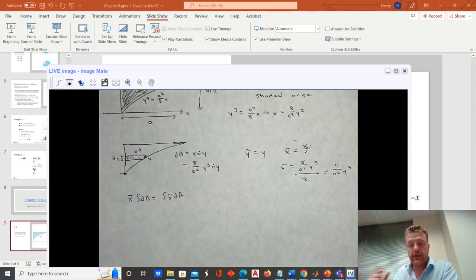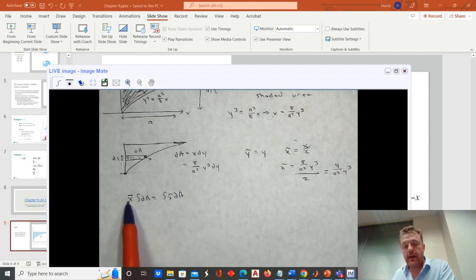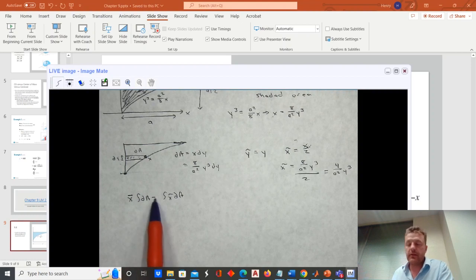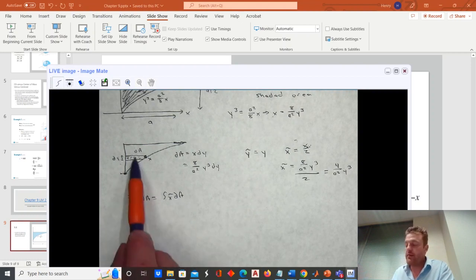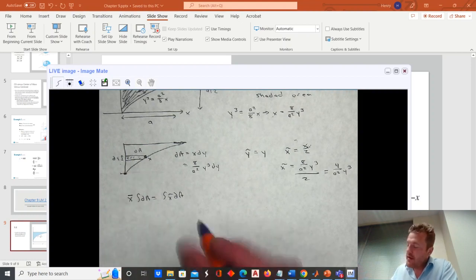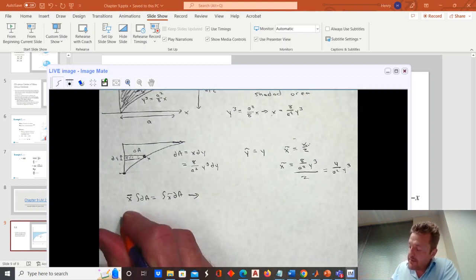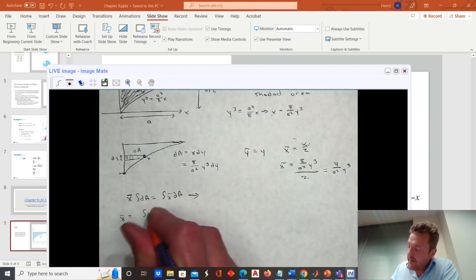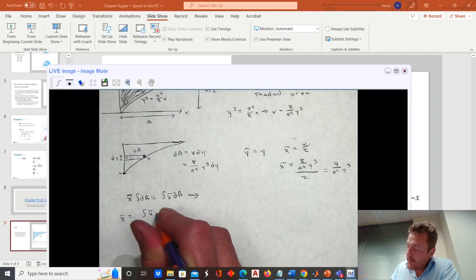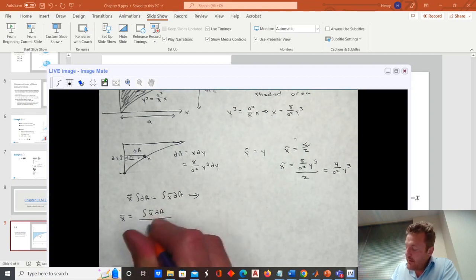If you view this as a homogeneous plate, the moment of the equivalent concentrated force about the y-axis is equal to the sum of all the individual little moments associated with these rectangles. But you don't actually have to think about that. You just know you're trying to determine what x bar is, so you can just write it as integral x tilde dA divided by integral dA.